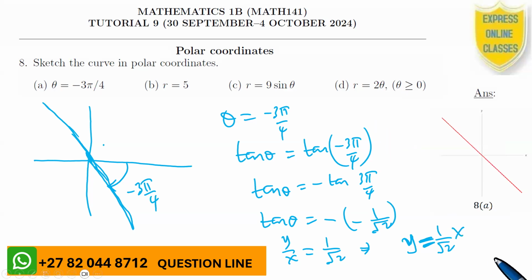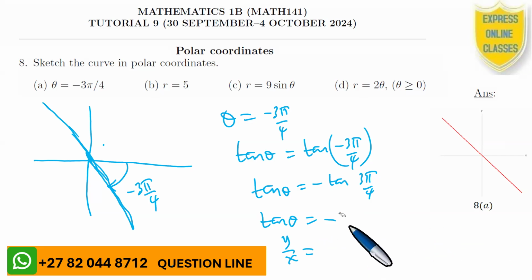So tan theta equals 1, which is pi over 4. Let's check this out. It's a minus, but a minus 1, and therefore it is a 1.